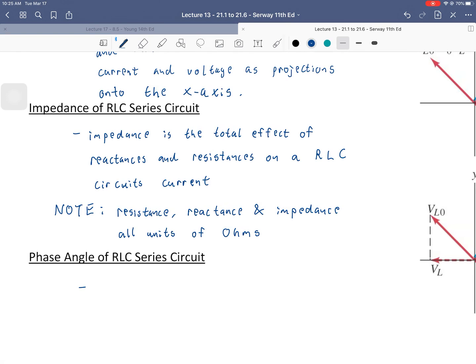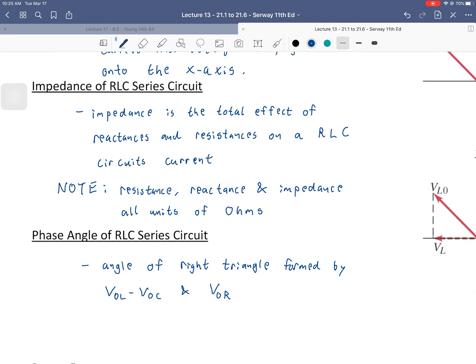So this is the angle of the right triangle formed by the voltage across the inductor minus the voltage across the capacitor and the voltage across the resistor.